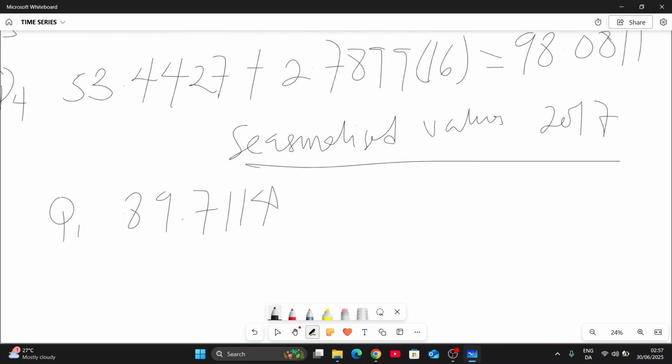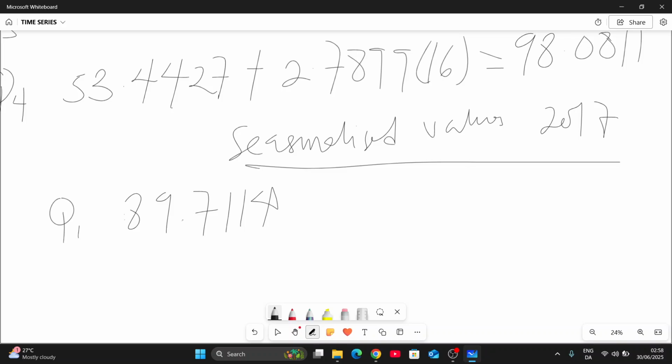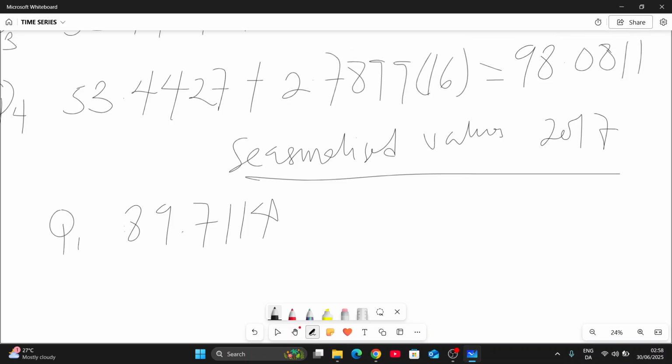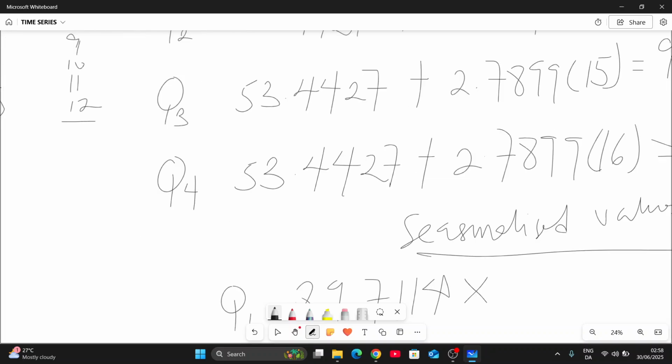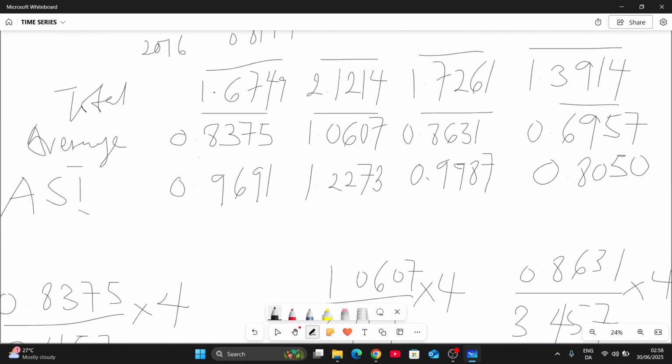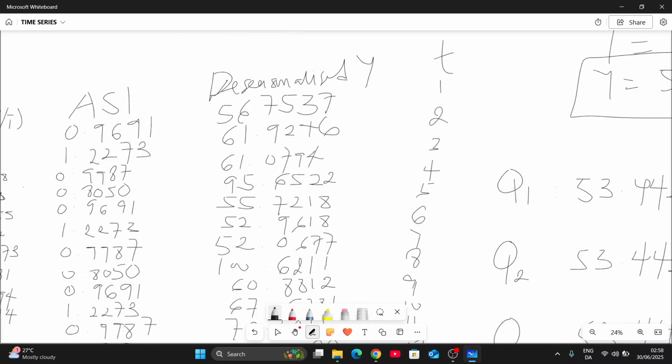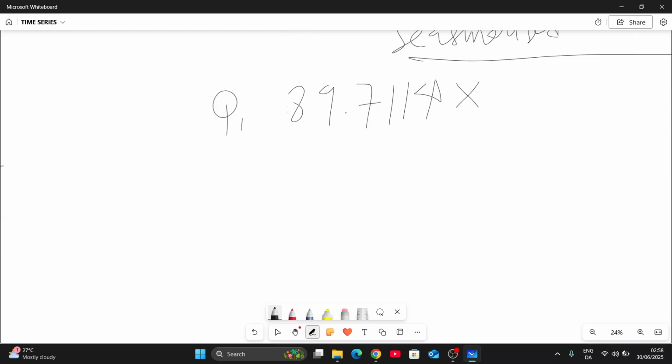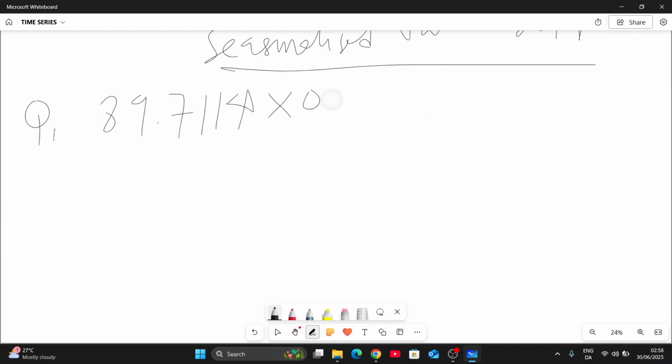Now how do we convert this deseasonalized value into a seasonalized value? We multiply by the respective ASI. So the ASI for quarter one, we had 0.9691.